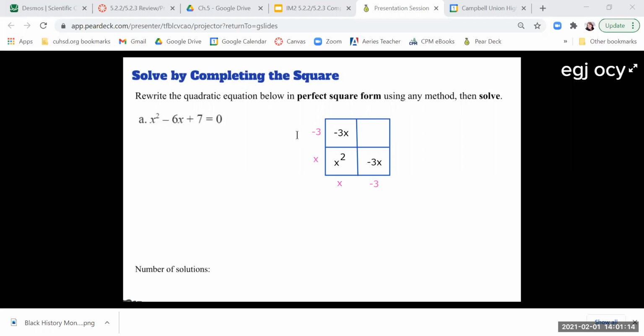And then that last space, negative 3 times negative 3 makes that last space, which means this would have to be a positive 9. And that tells me that I need to adjust my equation so that instead of a 7, I have a 9. So I would add 2 on both sides to force it to be a 9.